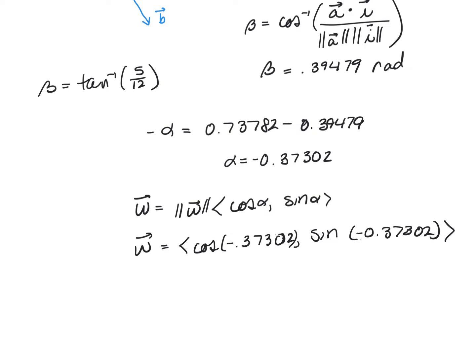If they want the vector in the unit vector form, which is the i's and j's, then all I have to do is do the cosine of that angle, which is 0.9417 in the I direction plus, now I'm going to do the sine of that angle.